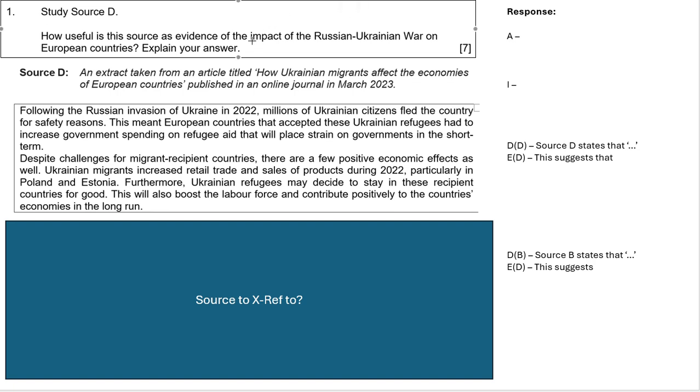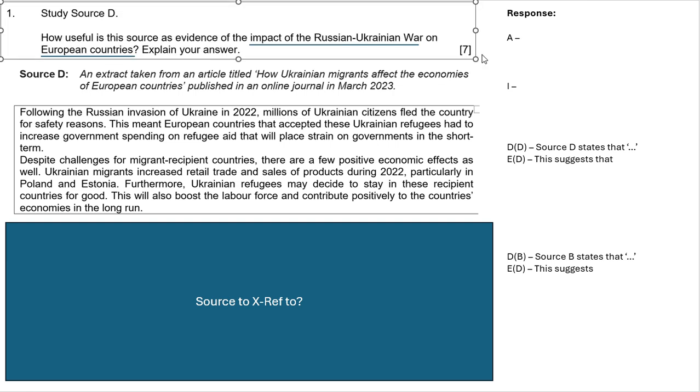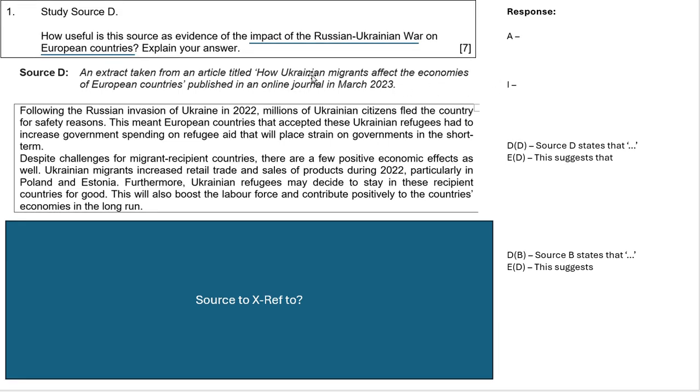We're looking at the impact of the Russo-Ukrainian war, and not just that, they specifically want you to find out what impact on European countries. So pay very careful attention to the question and the keywords in the question. Okay, so this is the source itself.